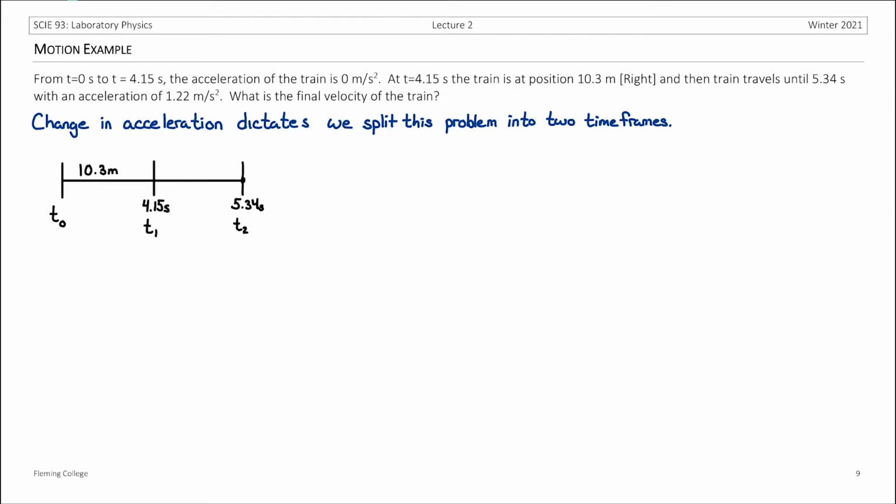We'll use the symbol delta x with the subscript 0,1 to represent the distance traveled between time 0 and time 1. The other piece of information we're given is the acceleration from time 1 to time 2. And remember, we were asked to solve for the final velocity of the train.